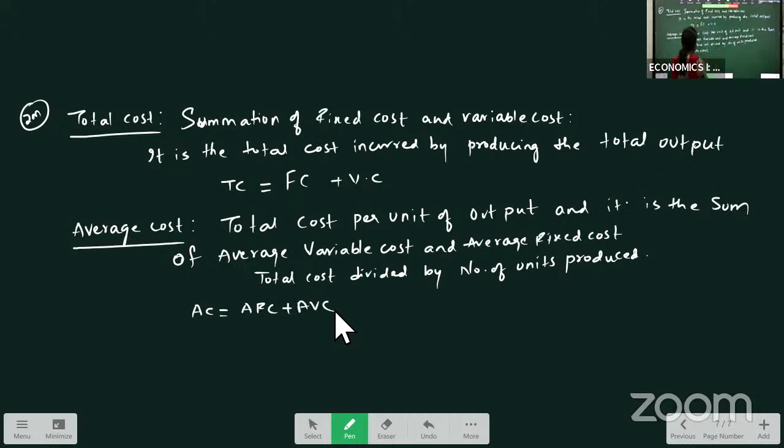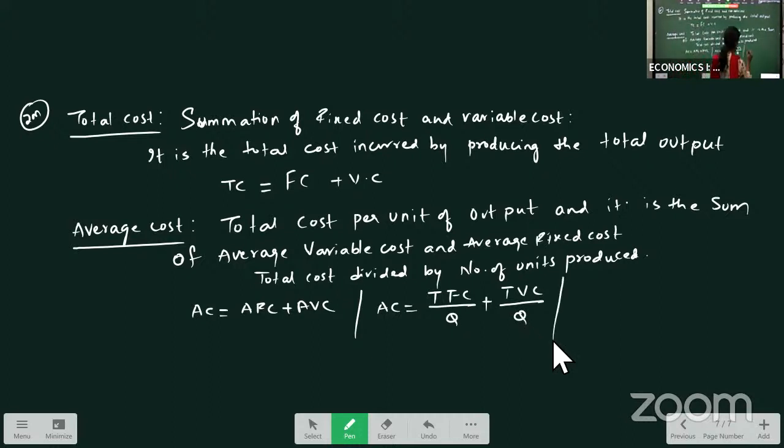Now what is average fixed cost? Here AC is equal to total fixed cost by quantity plus total variable cost by quantity. This is called average cost, or we can write it as average cost is equal to total cost by quantity.